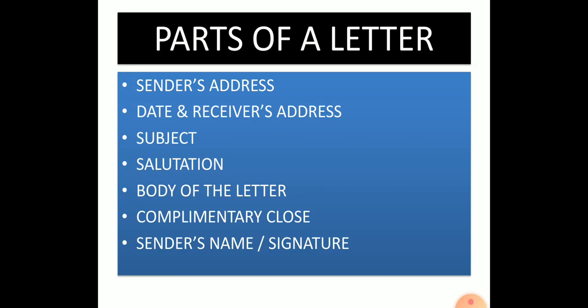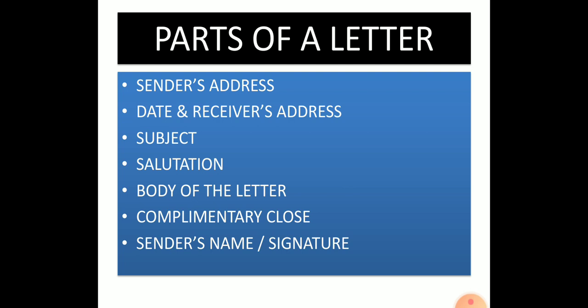Parts of a letter. Now, these following mentioned are the parts of a letter. Parts of a letter means these particular points have an importance while writing a letter. First comes the sender's address. Now, who is a sender? Sender is the one who writes the letter to be sent to someone.